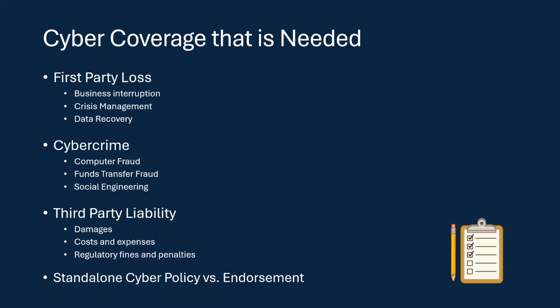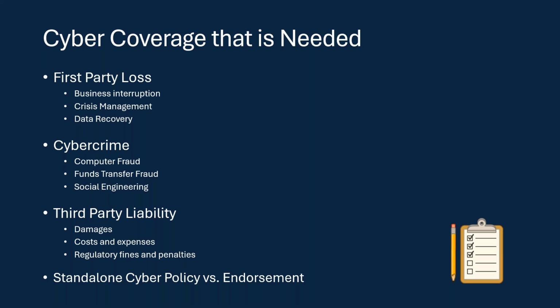Then secondly, cybercrime. Cybercrime is any type of illegal activity that occurs using digital means. So some examples of cybercrime include installing viruses on a targeted computer, hacking into government or corporate computers, social engineering, and wire transfer fraud. So you'll typically see computer fraud, funds transfer fraud, and social engineering under cybercrime.